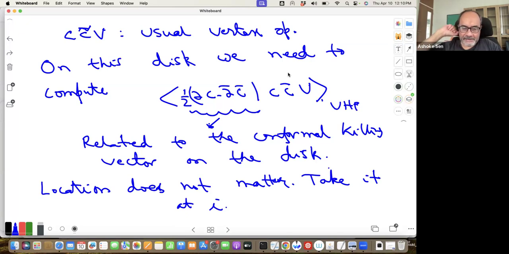And the statement that I made last time without proving it is that the rule is that you have to replace c c̄ V by (∂c minus ∂̄c̄) multiplied by c c̄ V. So this will be the new vertex operator. This operator you can put anywhere on the upper half plane. The result is independent.